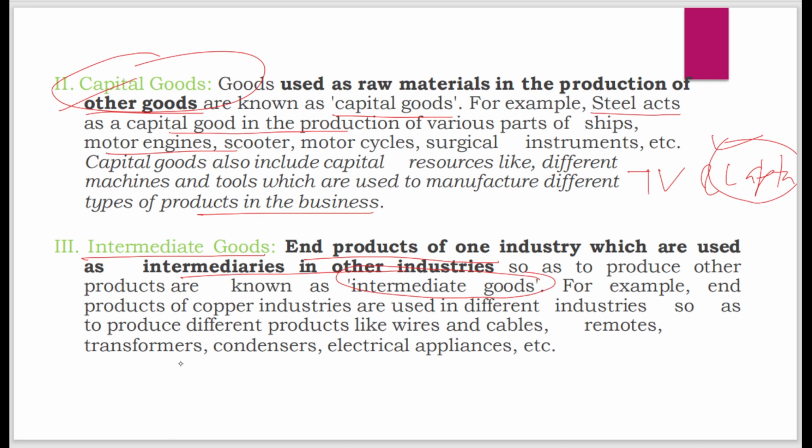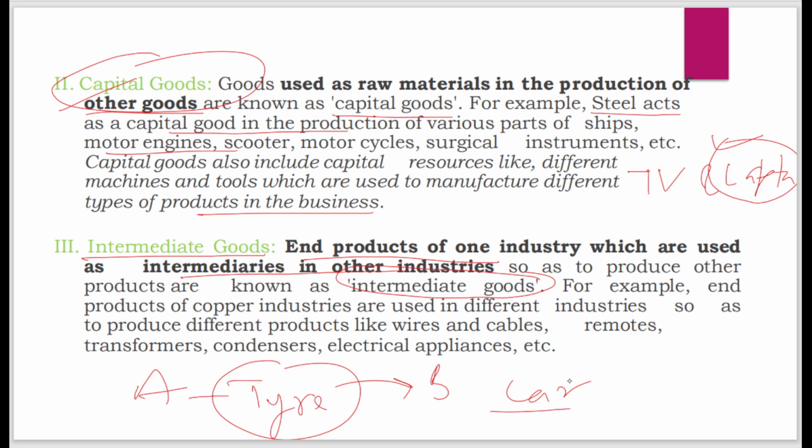Let company A make tires and company B make cars. Company A makes the final good, a tire, and sells it to the car making company for assembling. For company B, the tire is an intermediate good.